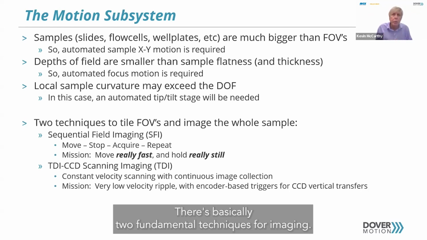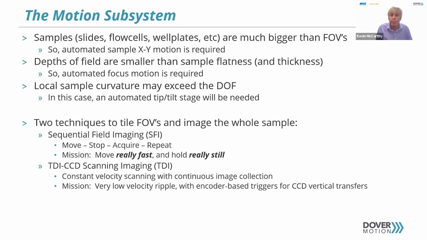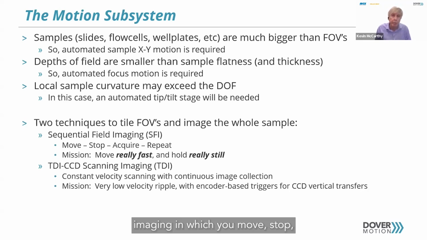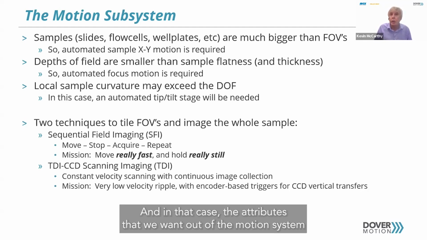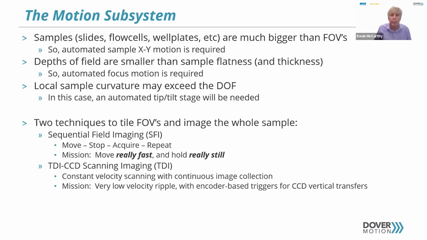There's basically two fundamental techniques for imaging, and they directly impact the choice of the motion system. These are what we refer to as sequential field imaging, in which you move, stop, take a picture, and do that over and over. In that case, the attributes that we want out of the motion system are to move really fast and hold really still.